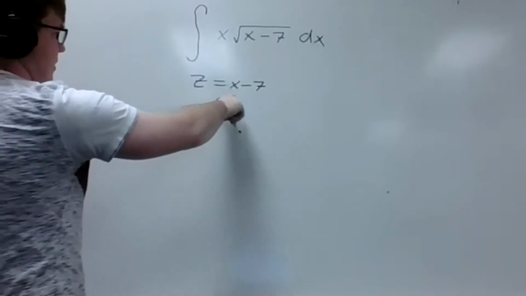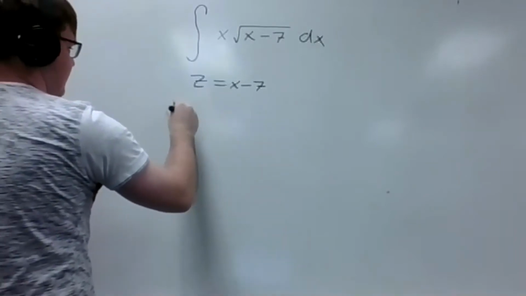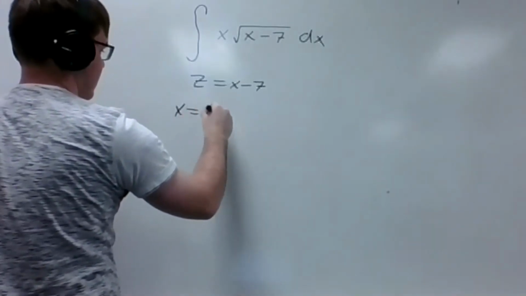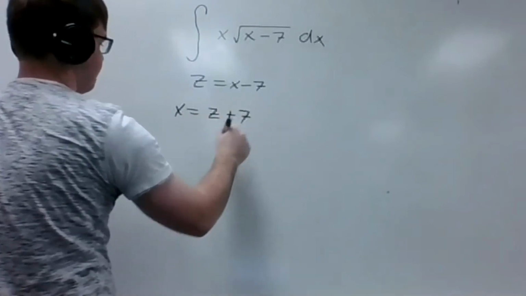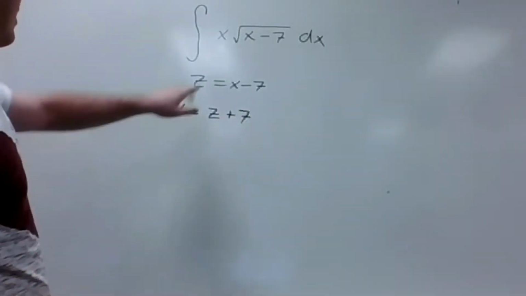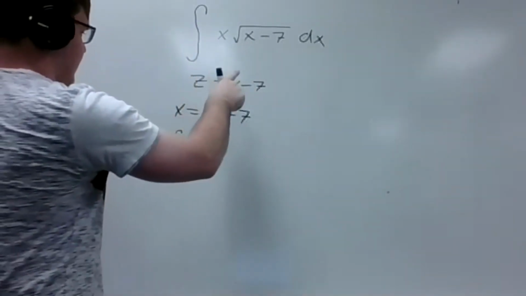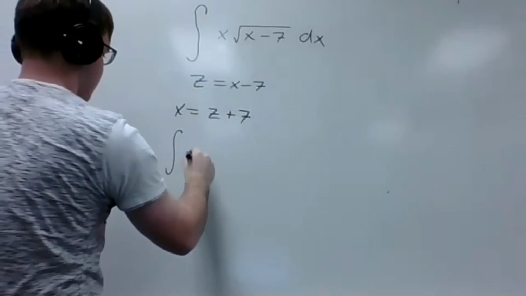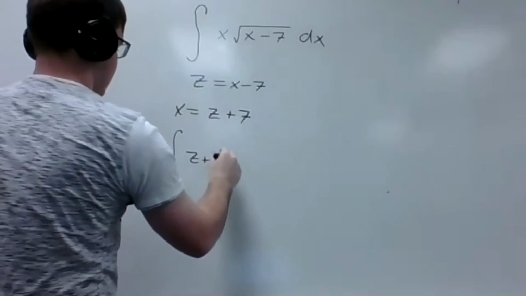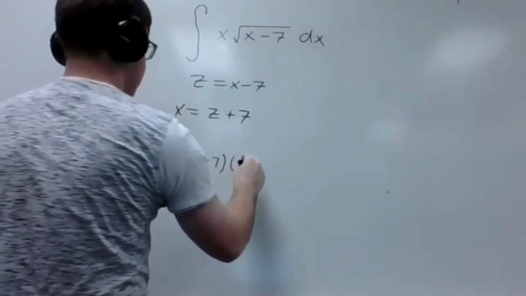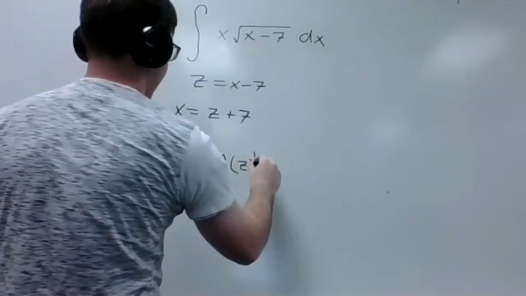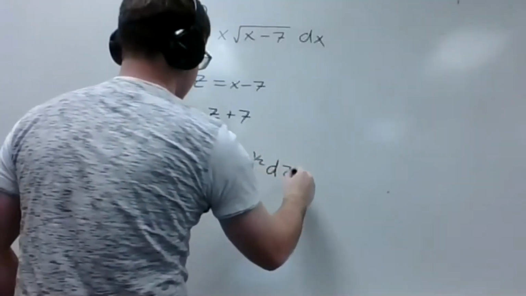But before we do that, we want to rewrite this as x is equal to z plus 7. Now we can rewrite this function up here, this top one, as z plus 7 times z to the 1/2 power dz.